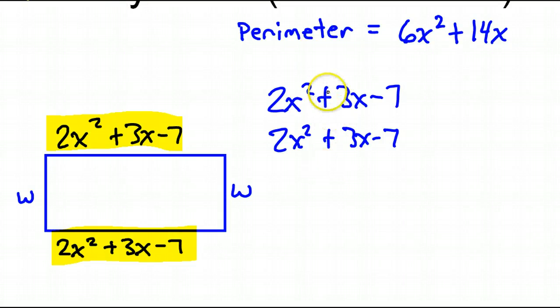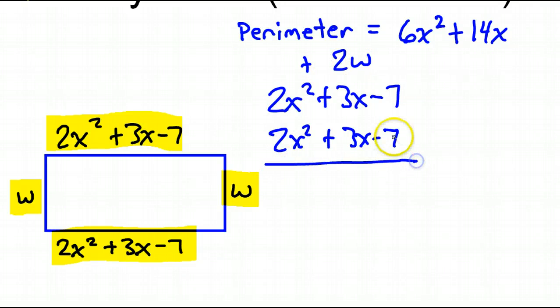So, eventually I'm going to say plus W plus W. Or I could just say plus 2W, couldn't I? Plus 2W. Okay, then that includes all of these. So if I take this and add it all up, that should be the perimeter. Agreed? Okay, because that's the top, the bottom, and the two sides would be the 2W.